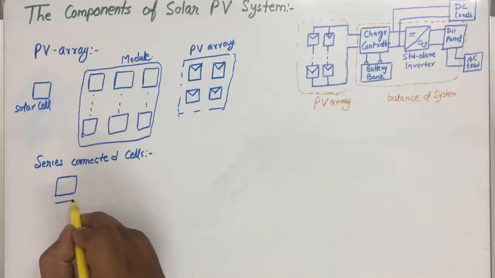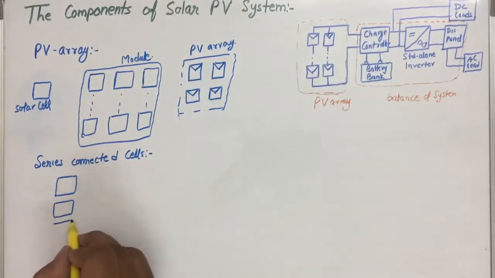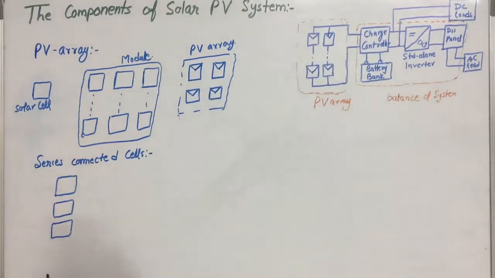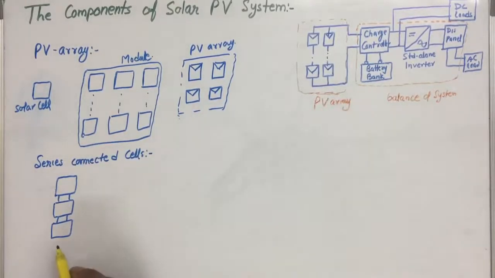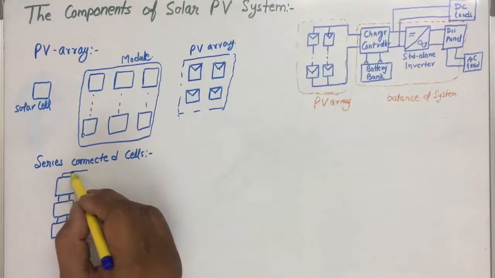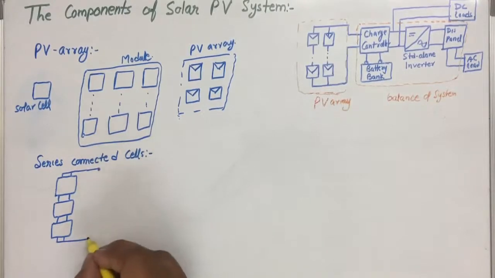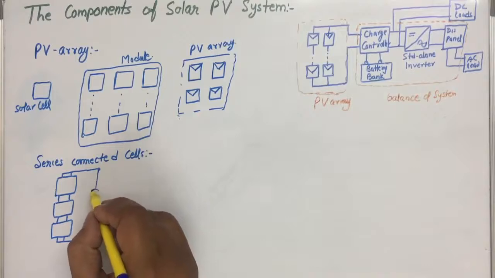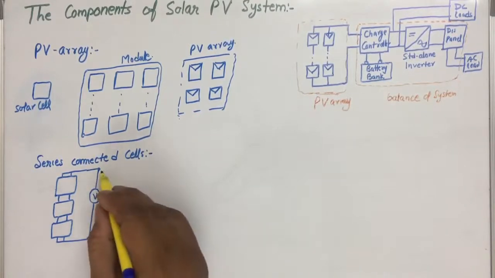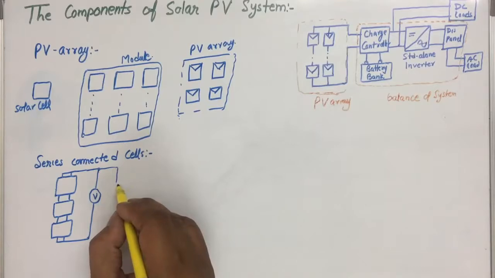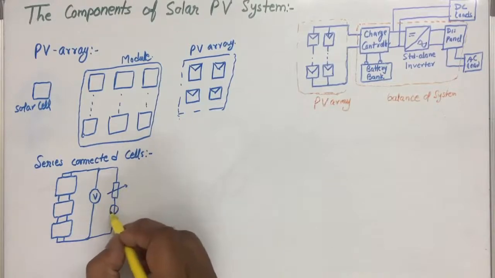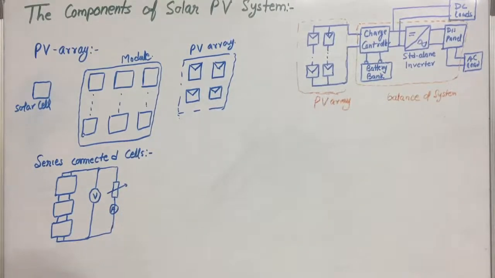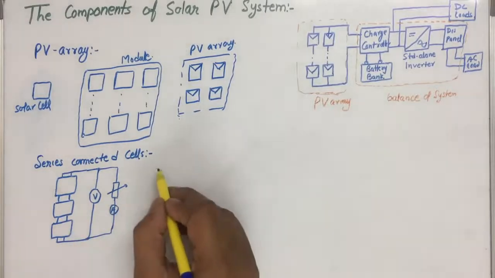So this is one cell, another cell, consider three cells, and if they are connected in series like this, then here the terminal voltage will be V, and if load is connected through this, then the current that is flowing in it is A.